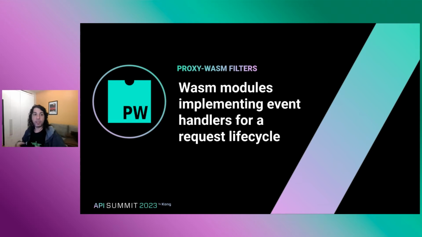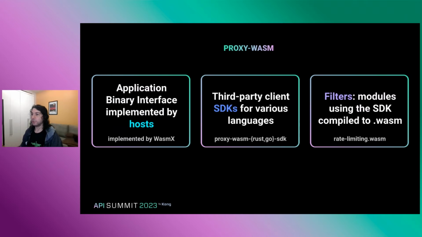So we are adopting that, and we are supporting it and implementing that as an agnostic API that you can use with Kong Gateway as well. So WASM modules implement well-defined event handlers that give access to functionality for manipulating a request lifecycle, right? This is going to become clearer as we move on and get to the examples later.